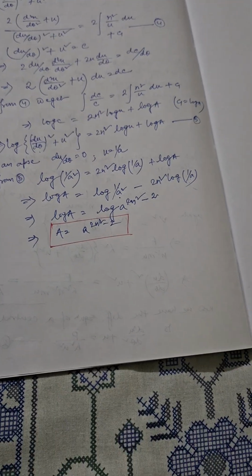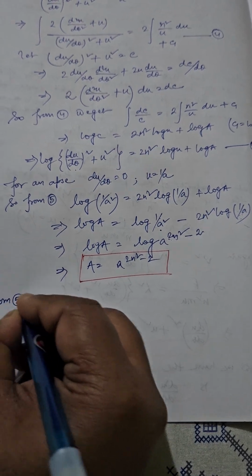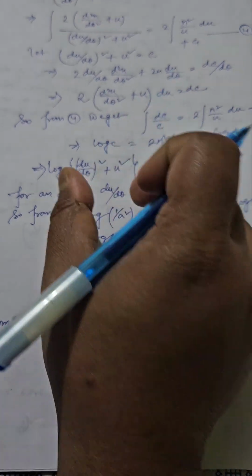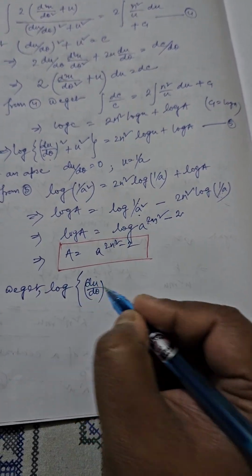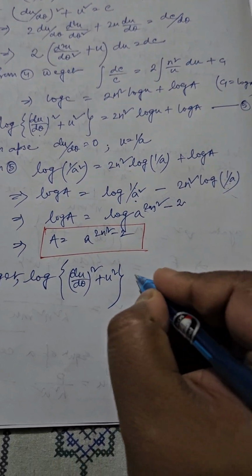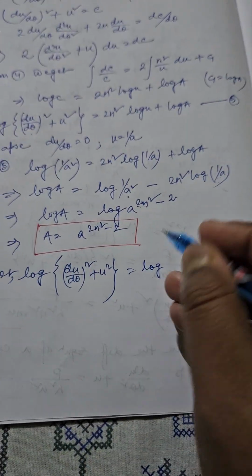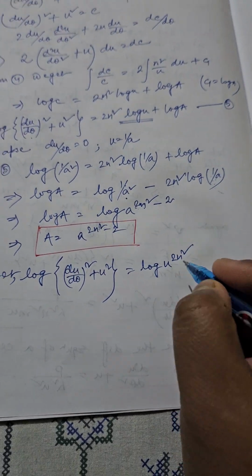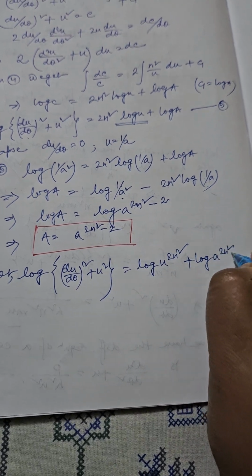Now we need to proceed further. Now from equation 5 we get log of this entire expression, (du/dθ) whole square plus u square, that will be equivalent to log of u, from here you can see u to the power 2n square, and then log of a to the power 2n square minus 2.